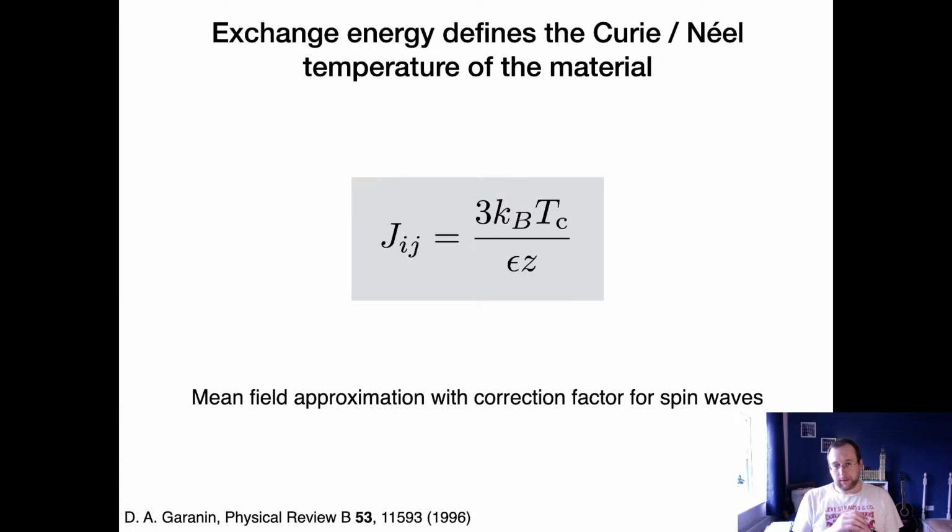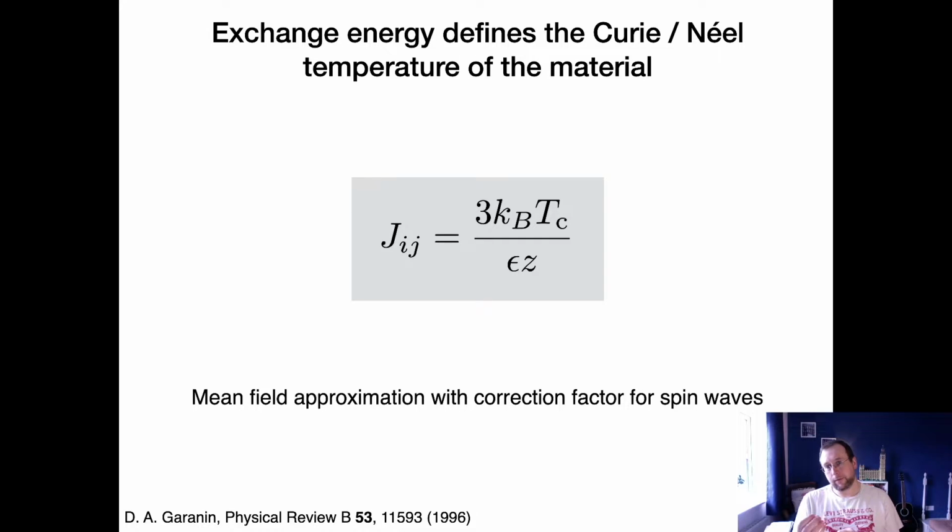The epsilon factor is essentially a correction to this mean field term. The details are given in this paper by Dmitry Garanin in 1996, where he derives for a range of Hamiltonians and crystal structures what this epsilon factor is. It's approximately 3/4, but it depends on the crystal structure and the range of interactions and so on.